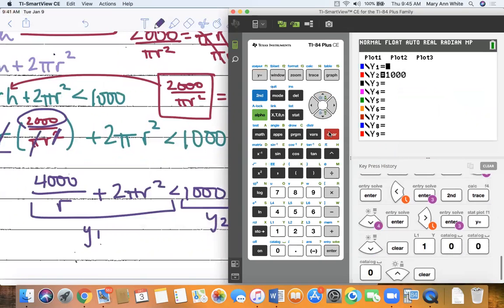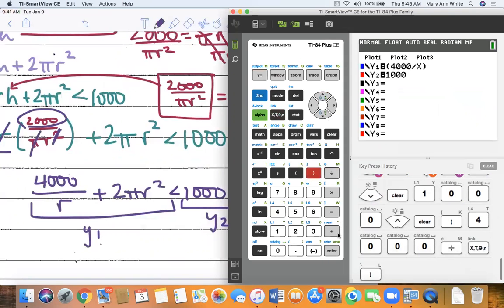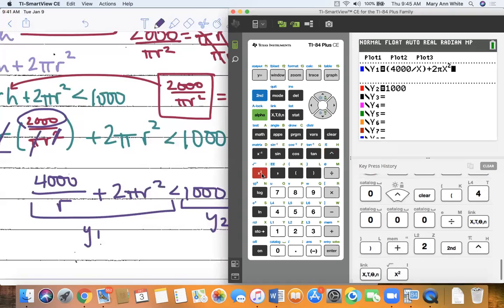And then this, again, I like to use parentheses, so if you feel confident without, go for it. I'm just very cautious. Don't forget you can find pi by going second caret, the button under clear, and it gives you pi. And I want you to use pi, not 3.14. And then x squared.